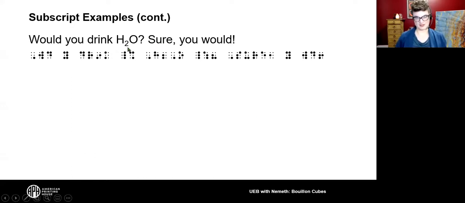And that's all that needs to be in our Nemeth Code bubble, which is defined by the opening Nemeth Code indicator and the 2-cell Nemeth Code terminator. The punctuation that applies to our sentence is outside the bubble, and all of our narrative text, would you drink? Sure you would. All of that is outside the bubble as well. And look at our sleek little subscript, just being a numeral, following a letter.